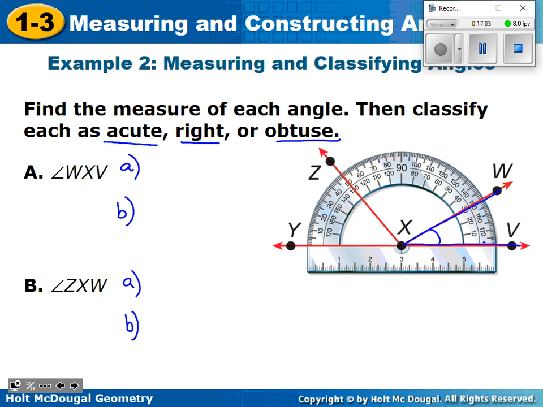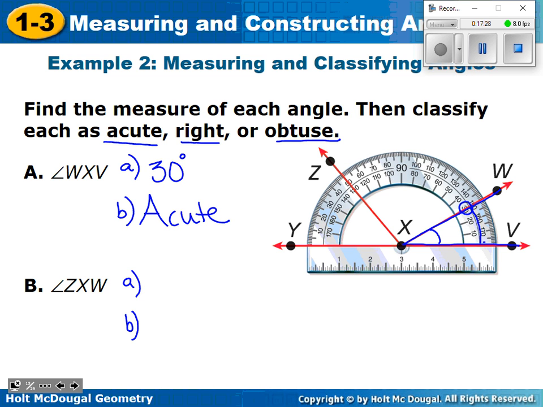Or am I going to start here and go 180, 170, 160, 150? Start at 0. So what is the measure of this angle? 30 degrees. So my answer for part A would be 30 degrees. You must put a degree symbol because remember, angles can be measured in different ways. So you have to put your units. And what is a 30-degree angle? Acute.